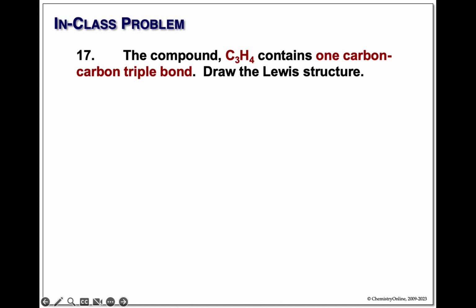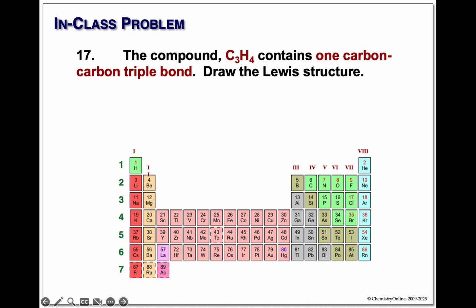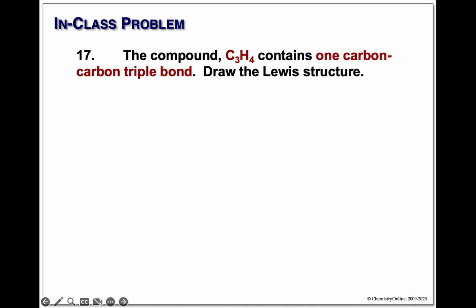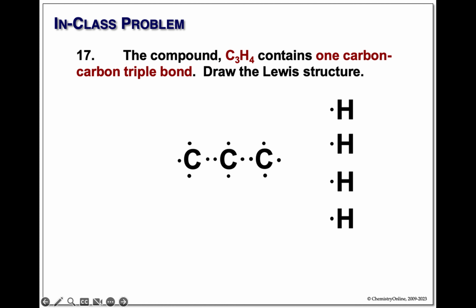So, carbon is here in group 4, has 4 valence electrons, hydrogen in group 1. Put them up there, 3 carbons and 4 hydrogens. Now, the problem says we have a triple bond. Has to be between the carbons.